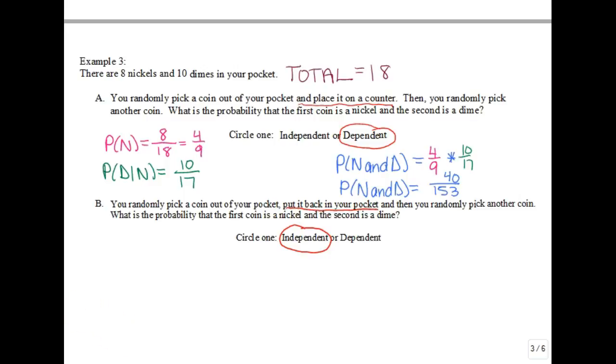So what are the 2 probabilities we will need? We will need the probability of a nickel and then the probability of a dime. The probability of the nickel has not changed. There are still 8 nickels out of 18, which simplifies to 4/9. What is the probability of a dime?